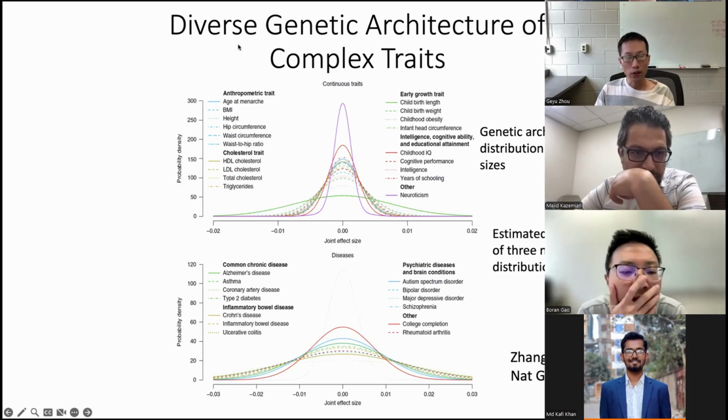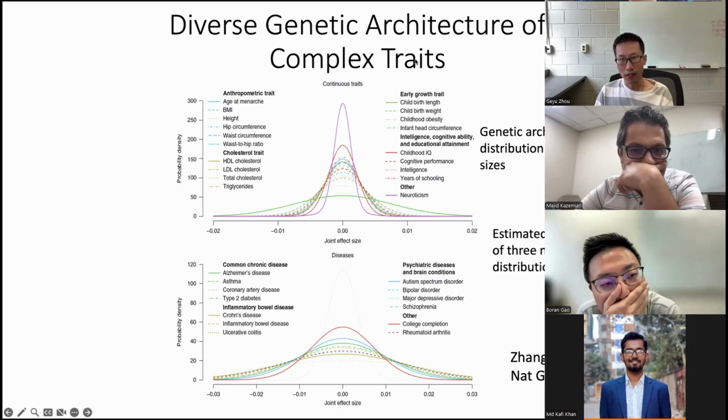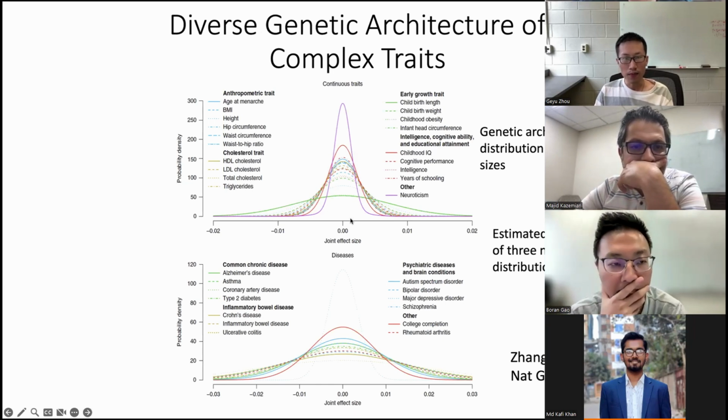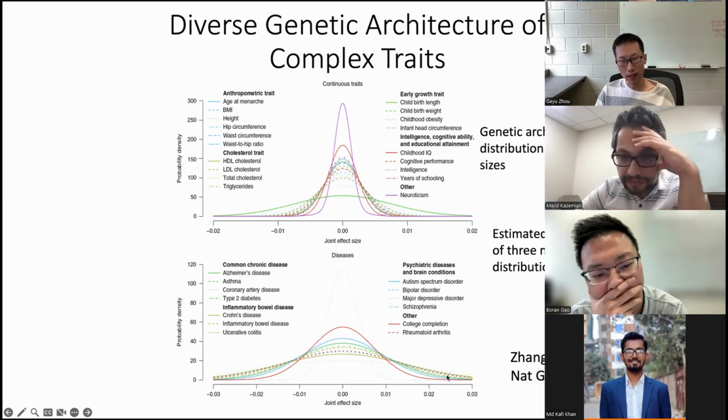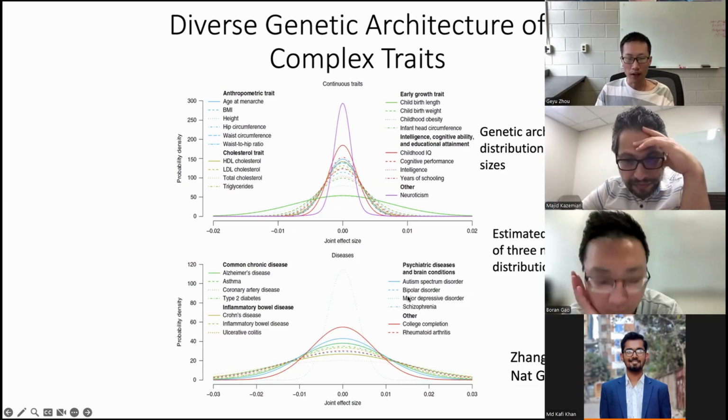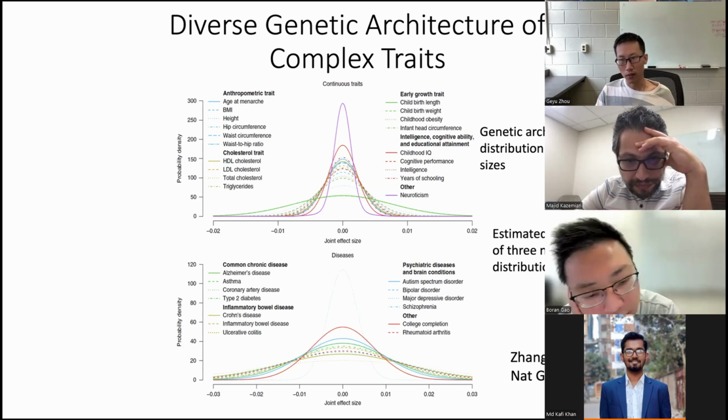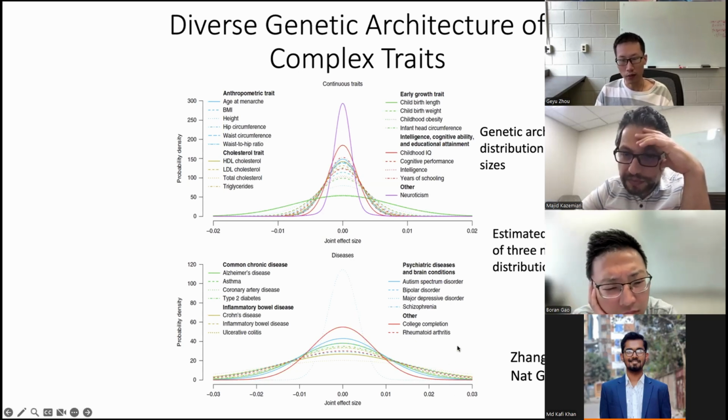And if we look at the real genetic architecture of complex traits, you can see for traits like neuroticism, the distribution is sharply peaked around zero, which means there are many SNPs with relatively small effects. But for other traits, such as college completion, the distribution is really spread out, which means there are lots of genetic variants with relatively large effects in the tail regions.